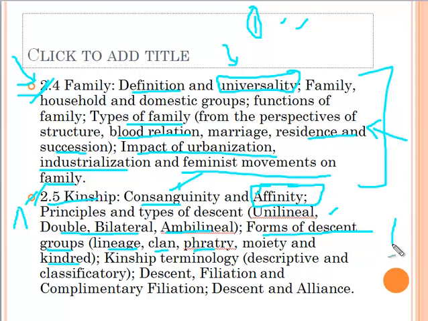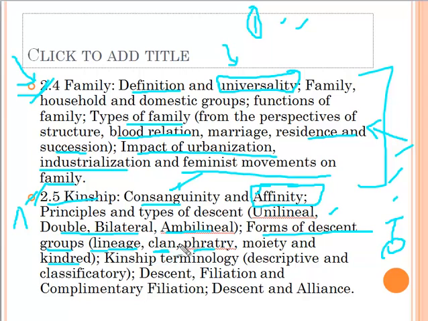You are the ego, basically the person on whom the study is done. Ego can say this is my dada, this is my kaka, this is my grand kaka and all. He can tell the person from whom we have descended. So this is the concept of lineage.